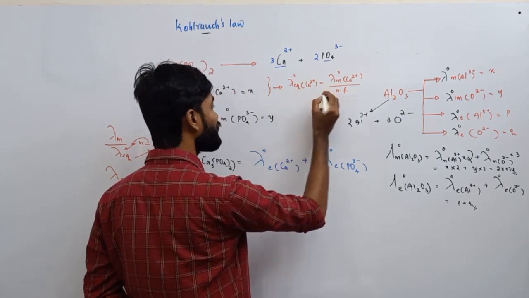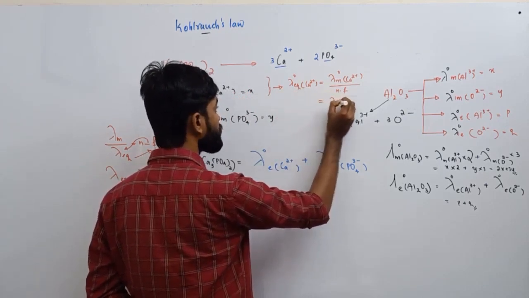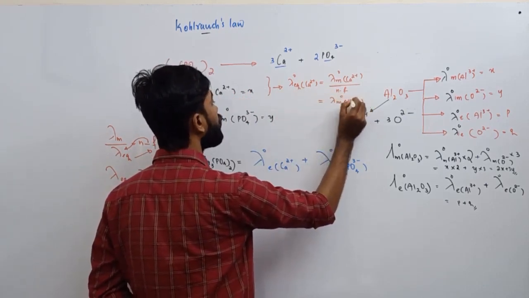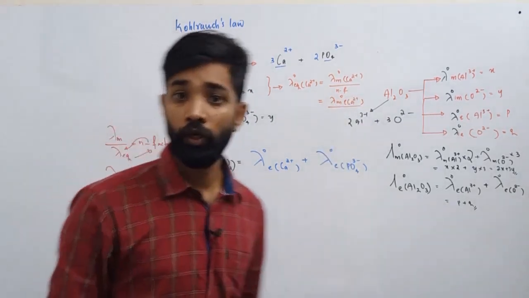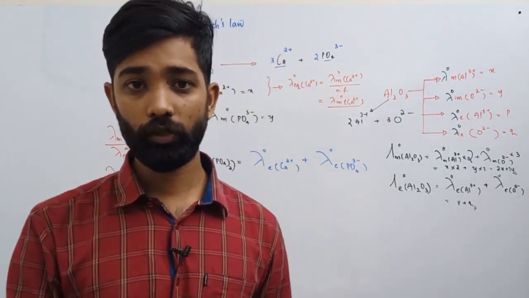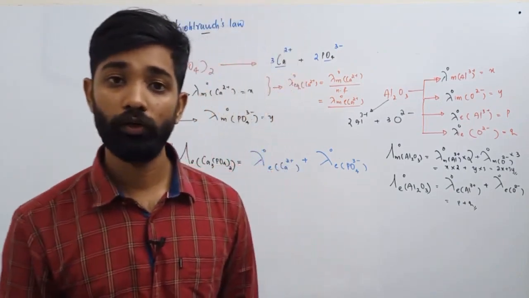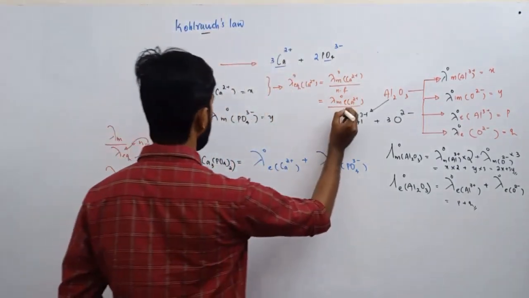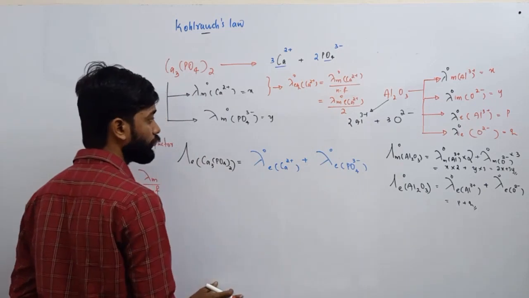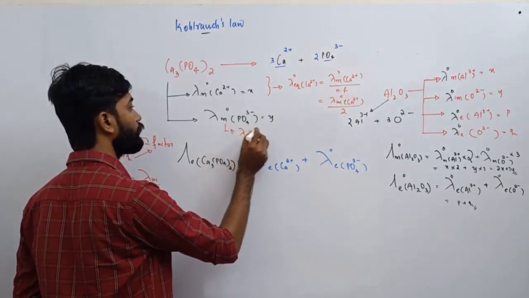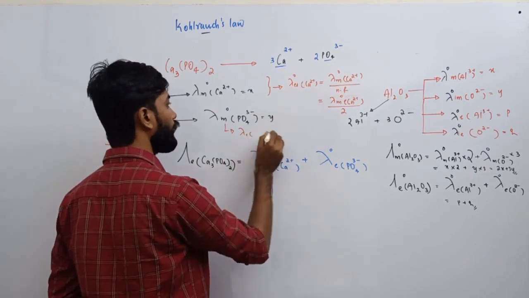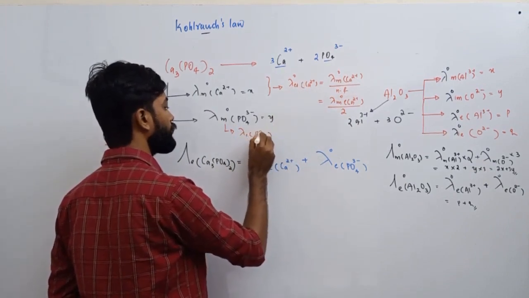Now this is enough. In the next step, I can replace it, okay? Limiting molar conductivity of Ca2+ divided by, what is the n factor of Ca2+? For a cation, I already said in your redox reaction, the n factor is the number of positive charge, that is 2. At the same time, I want to find the limiting equivalent conductivity of PO4 3-.